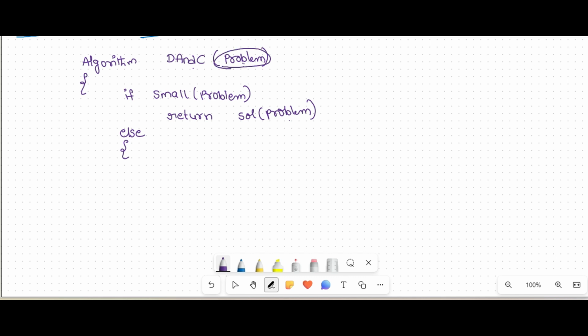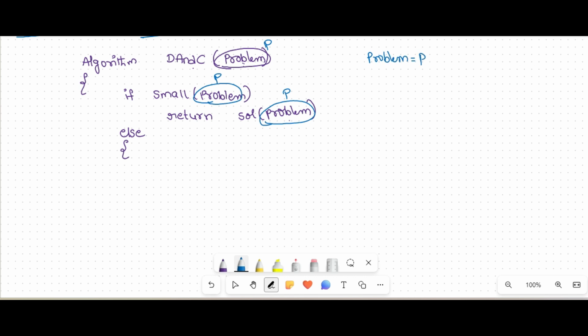For easier purposes, I am taking the given problem as P. If your problem P is not small, then we divide problem P into small instances or small problems like P1, P2, P3 and so on, up to Pk, where k is greater than or equal to 1.